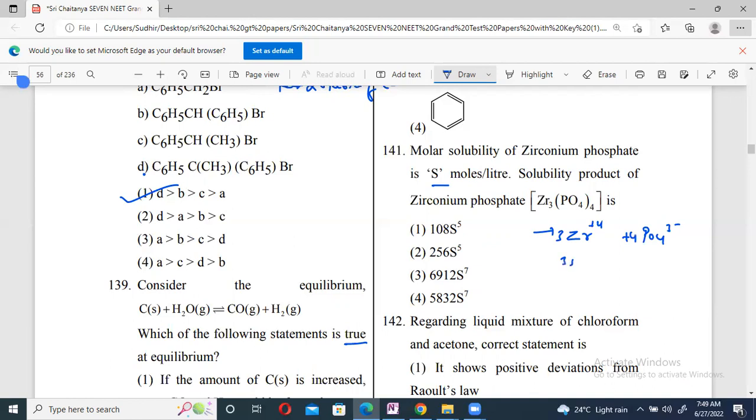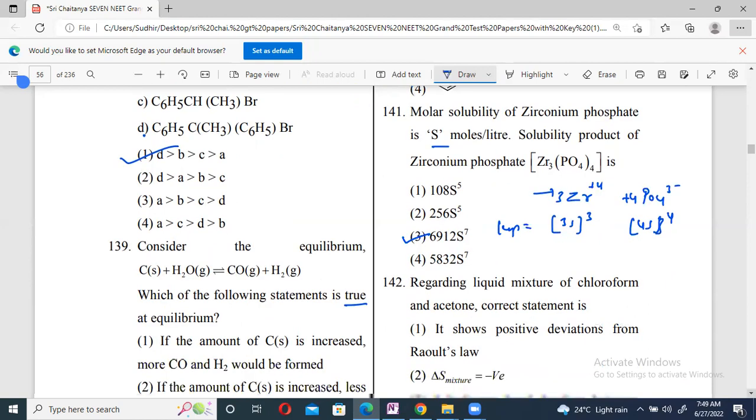So I should write 3s and 4s, each to the power of its coefficient. Solving it, I get 4 into 4 into 4 into 4, 3 into 3 into 3, s to the power of 7, and 6912 is the answer. That is the Ksp, I got it.